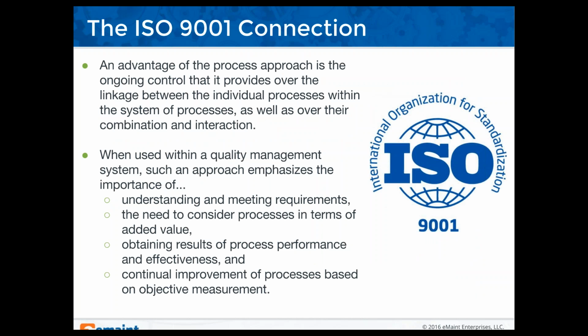And finally, from the ISO 9001 world, when you use it in the quality management systems approach, we emphasize the importance of using and understanding, meeting requirements, the need to consider processes, obtaining results of process performance and effectiveness, and continuous improvement of processes based on objective measurement.